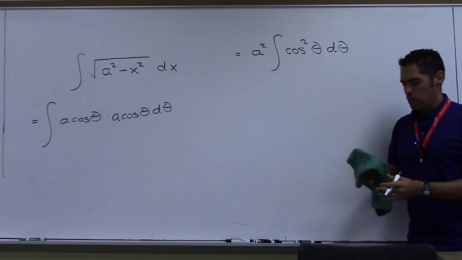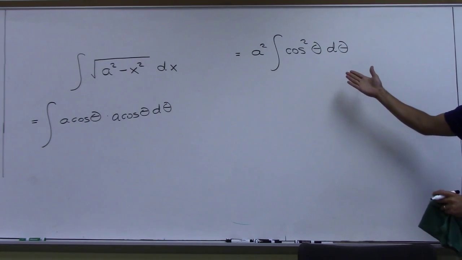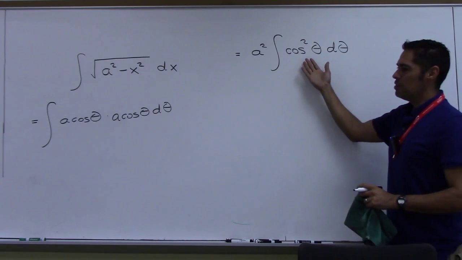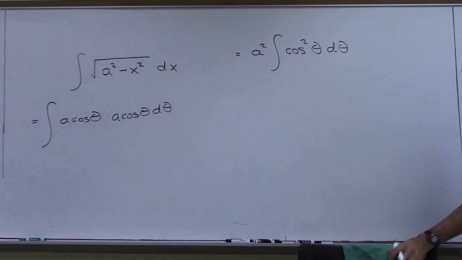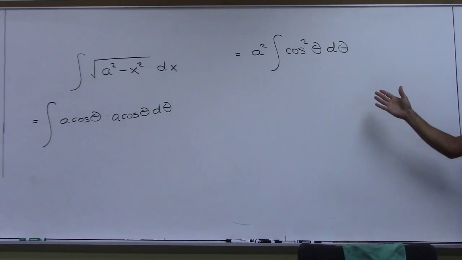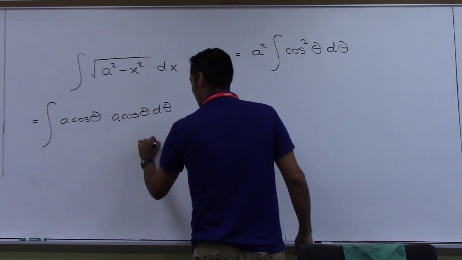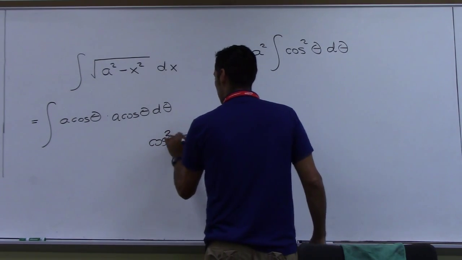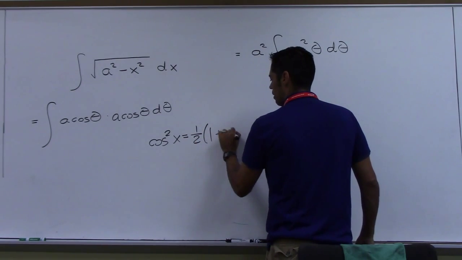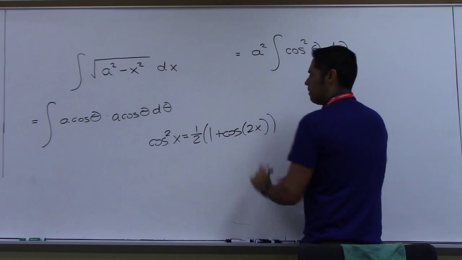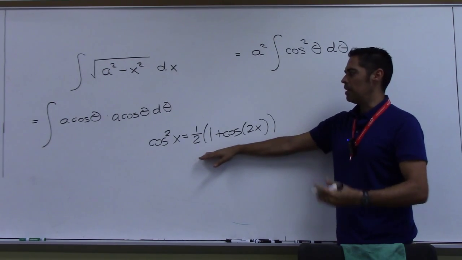And I'm going to ask someone, let's see, Kiki, cosine squared, what formula should we use with this? The half angle formula. That's what I thought you would say. The half angle formula, or you could also call it the power reducing formula. So remember this one? This formula on your formula sheet is called the half angle formula.